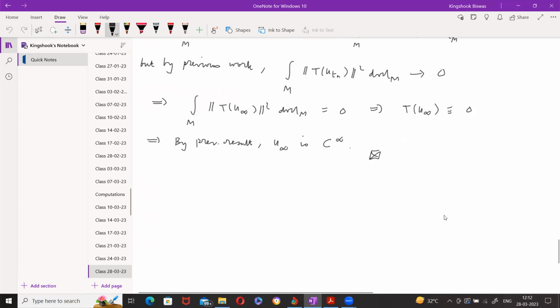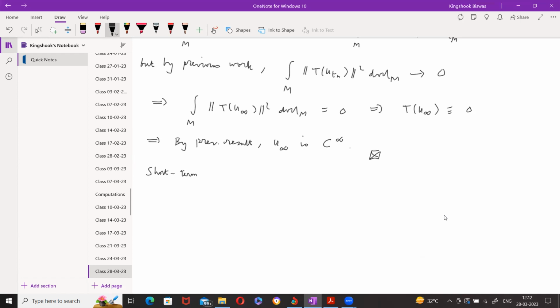The first step is to show short-term existence of the heat flow. We want to show that at least a solution exists for some time 0 up to epsilon. So that's the first step: short-term existence.